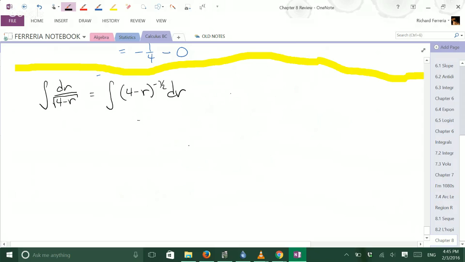The way to integrate this is with the u substitution. U is 4 minus r. Du is negative dr, or dr is negative du. And that changes this integral to u to the negative 1/2 power times negative du. The antiderivative of u to the negative 1/2 is 2u to the 1/2.